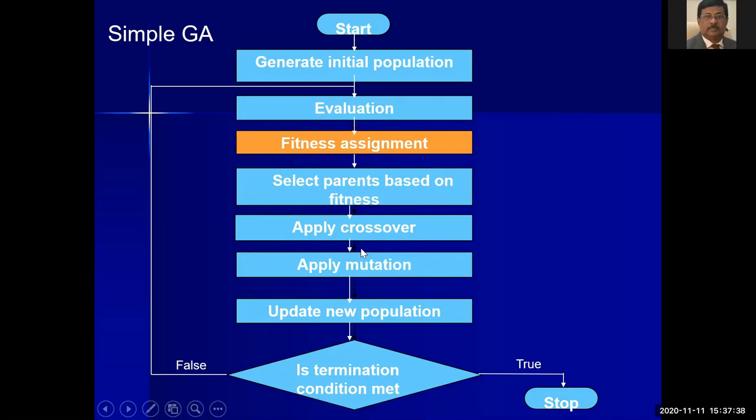Here the variables have to be coded as binary numbers, so that each and every variable, or every binary number, can be treated as a chromosome. By treating this as a chromosome, these genetic processes are applied.